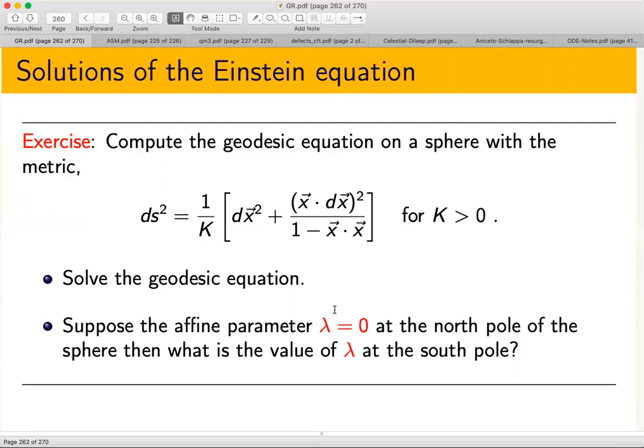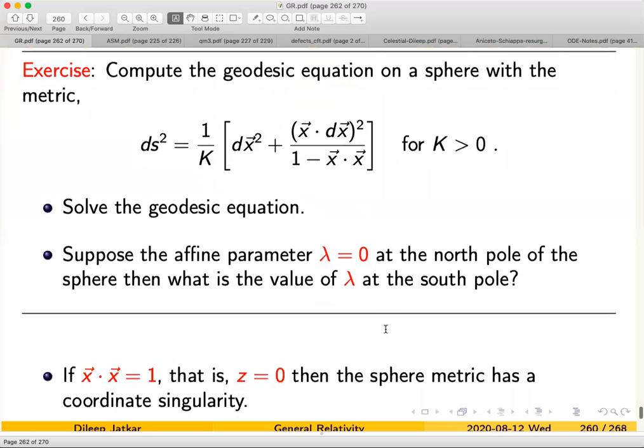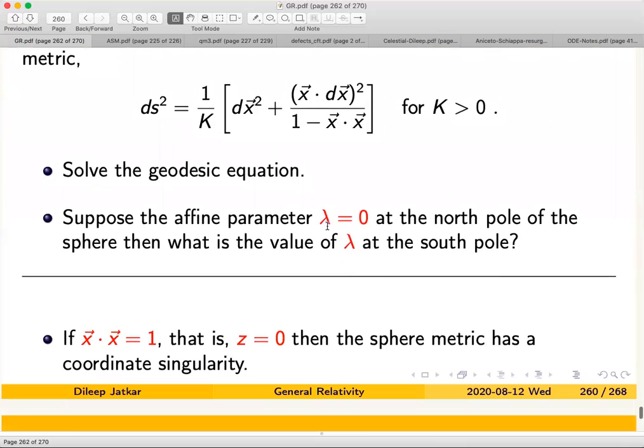So suppose you choose lambda, which is the affine parameter of the geodesic, and set it equal to 0 at the north pole of the sphere. After having obtained the solution, you could ask a question: what would be the value of lambda when you are at the south pole? It's not a very difficult thing, but an instructive exercise.